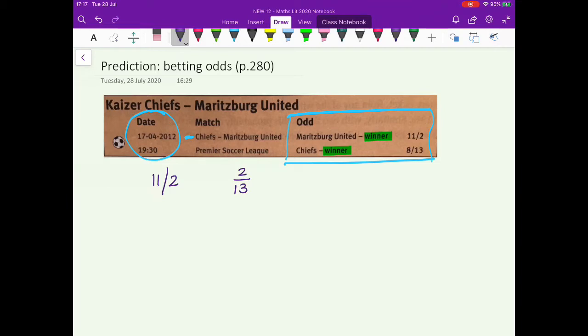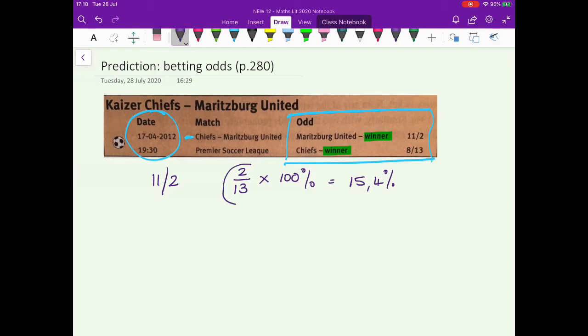So Maritzburg United winning this game is going to be a probability of 2 out of 13. We get a better understanding when we convert that to a percentage. So I multiply by 100%, and the answer to that is going to be 15.4%. So the probability of them winning is going to be 15.4%, which is relatively low.